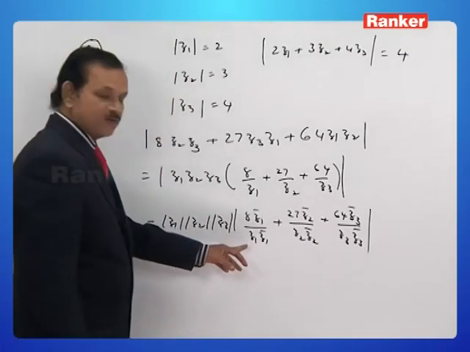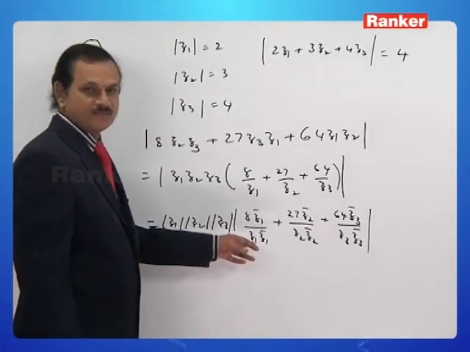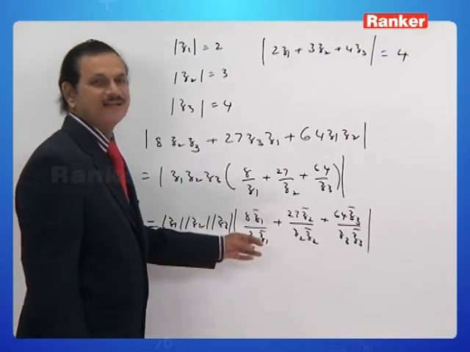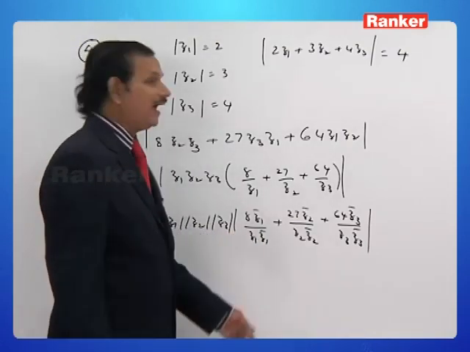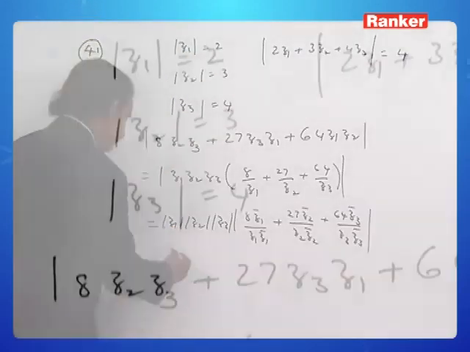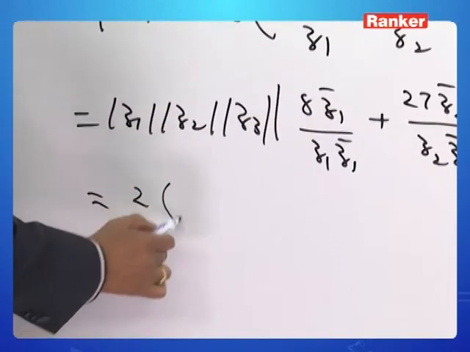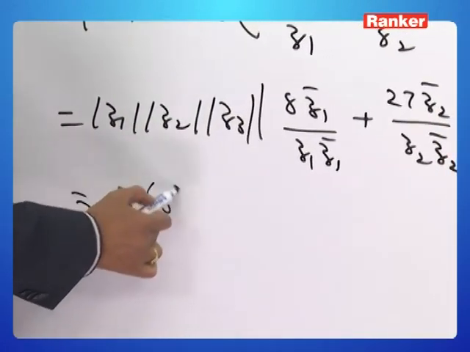Now what is Z1 Z1 bar? From the basic and elementary concepts of complex numbers, Z1 times Z1 bar is nothing but mod Z1 square. What is mod Z1 square? It is 4, isn't it? So this is equal to: what is mod Z1? 2. What is mod Z2? 3.